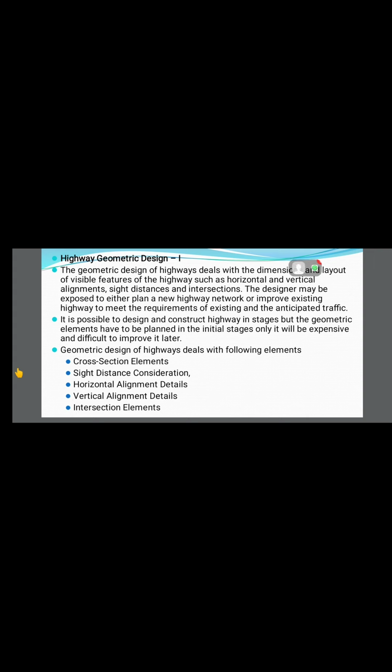What we have studied in the previous video lecture and this lecture is why the realignment is necessary, how it should be carried out, and the steps to be taken to carry out the realignment work of the road.